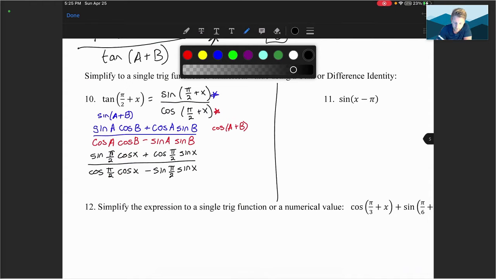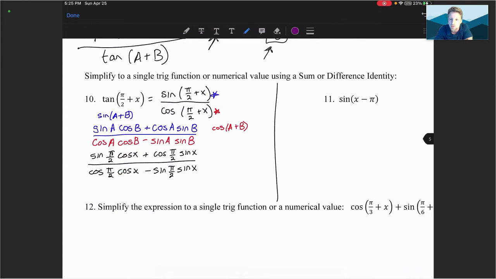Pi over 2 is equivalent to 90 degrees, so my sine and cosine at 90 have a special result, 0 and 1. So the sine of pi over 2 we know is going to be 1. So this gives me 1.